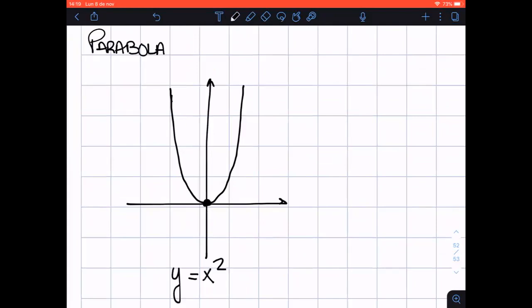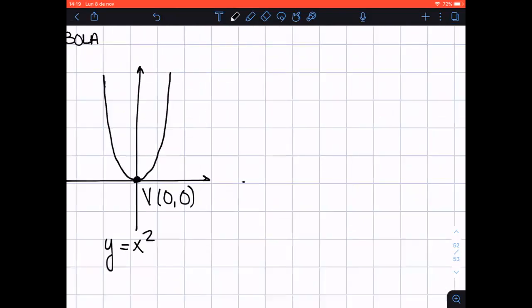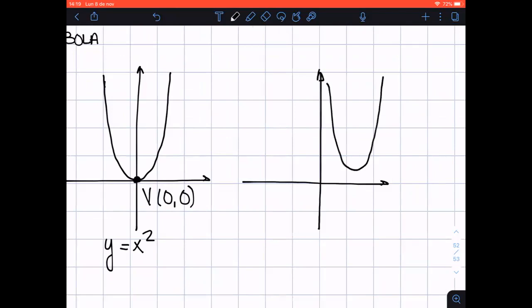You should remember this because this curve that has its vertex at the 0, 0 coordinates is a parent function of the parabola, okay? When we move this curve outside the origin, let's say that I'm drawing here the coordinate plane, and now we move this parabola outside the origin, our vertex will have coordinates with other numbers.